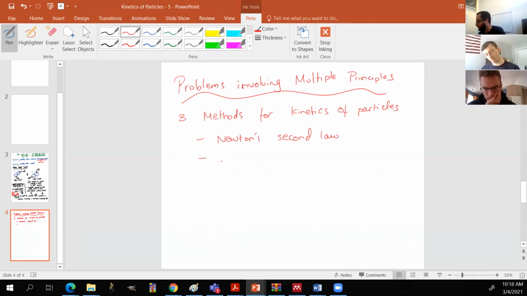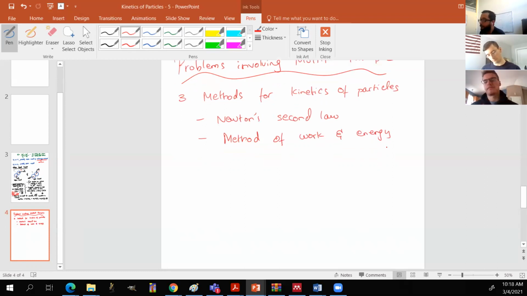You've looked at the method of work and energy. And now you've looked at impulse and momentum.